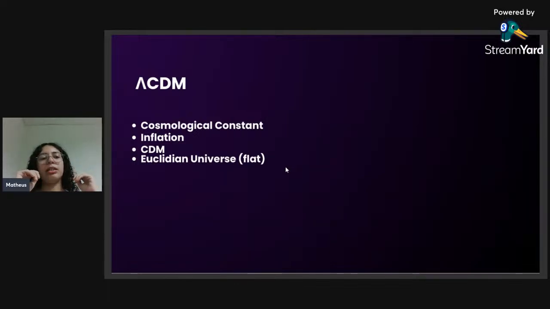And in this model, we also consider a Euclidean universe that is flat. So that's why we need this model today.